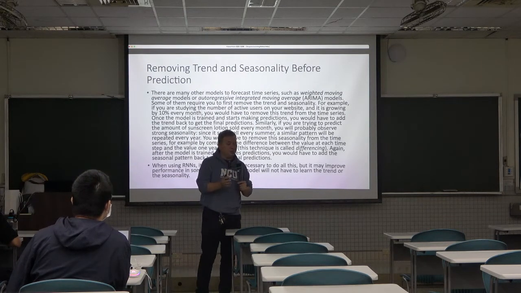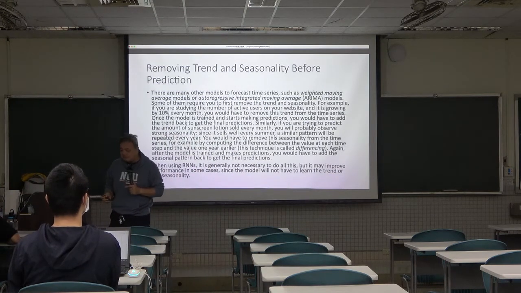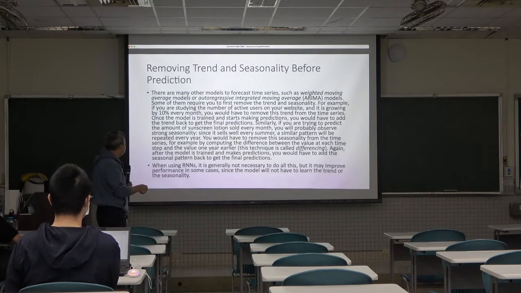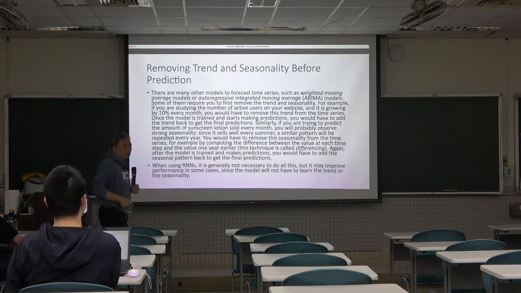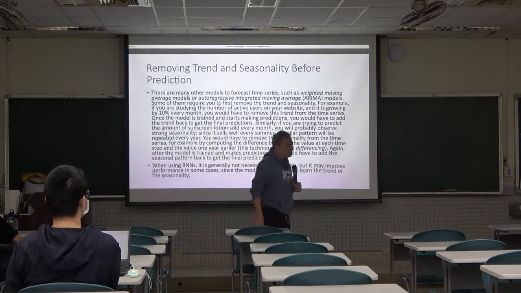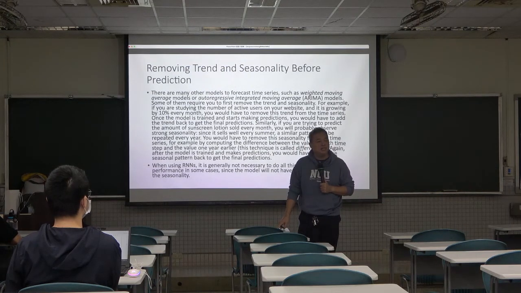So this is for the trend, right? Another one is seasonality. What is seasonality? For example, if you are trying to predict the amount of sunscreen lotion sold every month. Well, we know sunscreen lotion is probably used for people who go swimming, right?